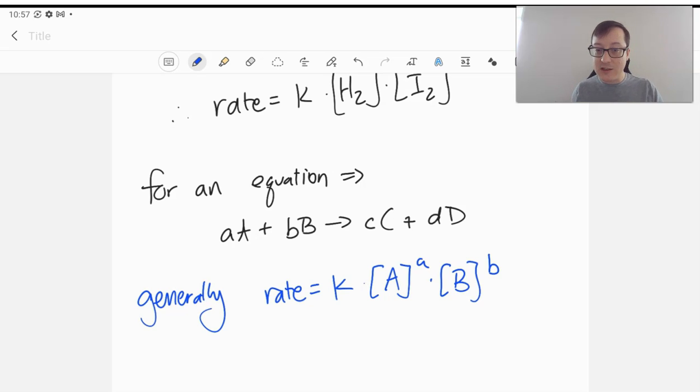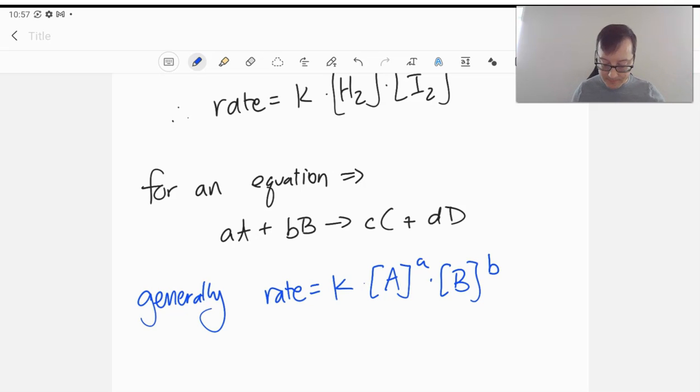For any equation, this is true so long as that equation is not multiple steps. If everything is happening in just one step, then this rule applies. However, again, with Hess's law, we remember that sometimes reactions are multiple steps. And in that case, we need to look at those steps individually, not looking at the overall reaction.